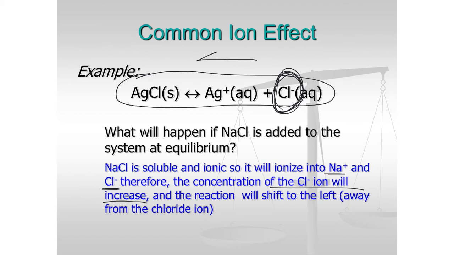Thus, that's going to make the equilibrium shift to the left, or the reverse reaction, away from the chloride ion, which actually would then produce more of the AgCl. So that's why on that previous slide, it said it would reduce the solubility of the original salt, because less of the AgCl would be dissolved than before the common ion was added.